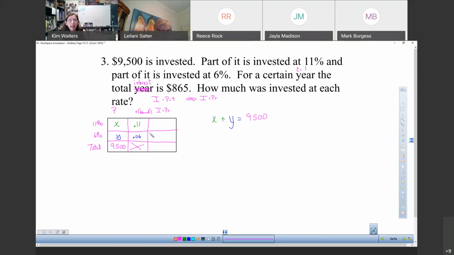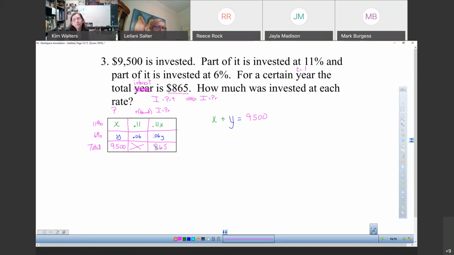Okay. And then finally over here in my last column, I have 0.11x. I have 0.06y. And I actually have a number for my total interest, and that is 865. Okay, so that's the difference between the mixture problems and the interest problems.